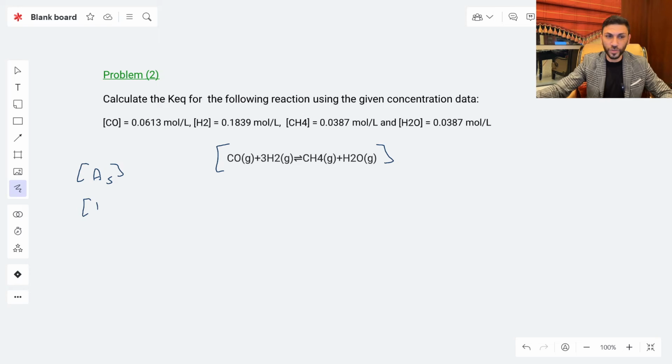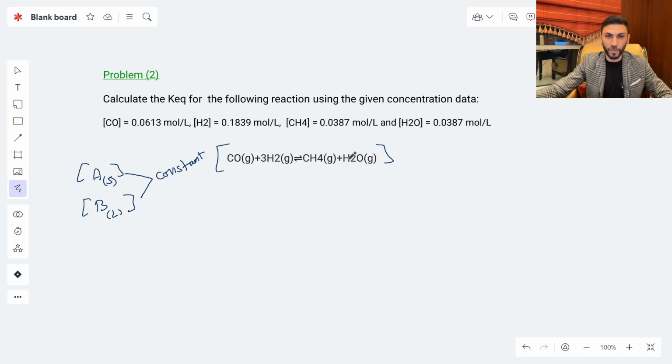Also, the concentration of B, if it was liquid, is constant. Both of them have constant concentration. That's why we never include the solid and the liquid in the equilibrium expression. We will study that next lesson in more detail.